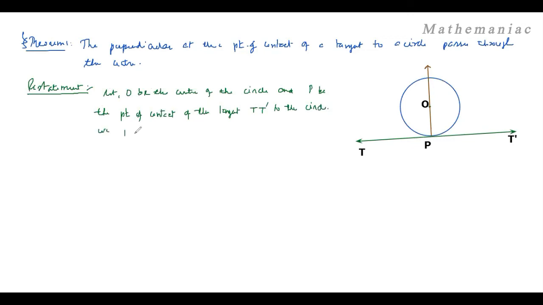We join, sorry, not join. We are not joining here. We are going to draw a perpendicular at P, right? To show that perpendicular at P to TT dash passes through the point O, that is the center.